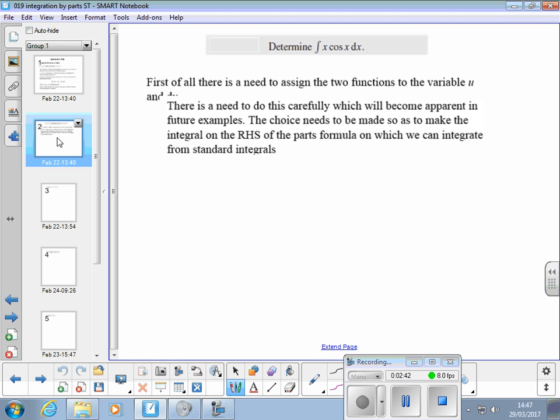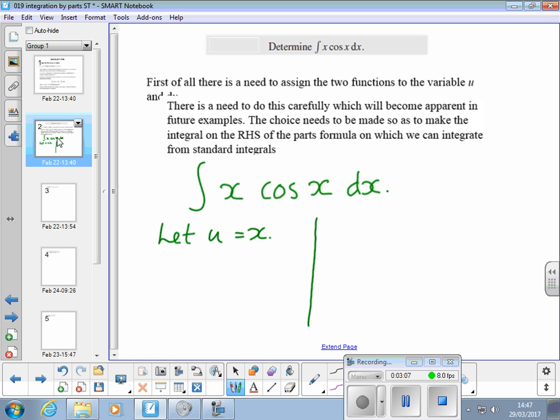So the example we're looking at is to find the integral of x times cos x with respect to dx. I'm going to split the board as one of these where we're assigning two variables. I'm going to start off by saying let u equal x over that side, and over this side we get dv equal cos x.